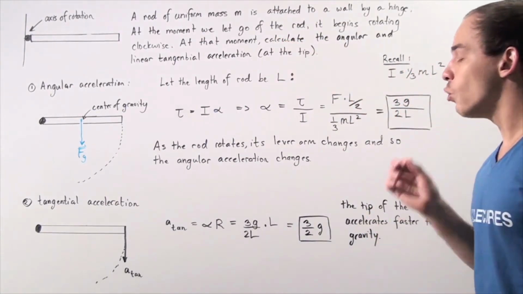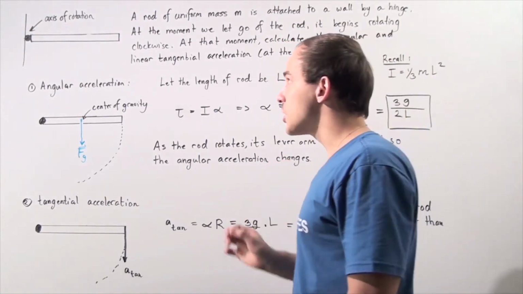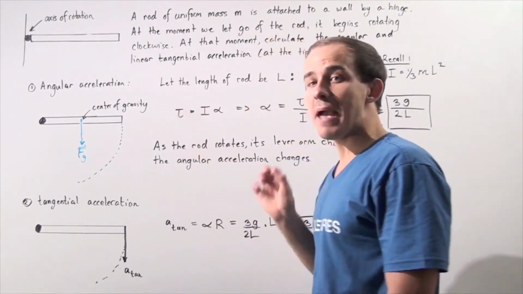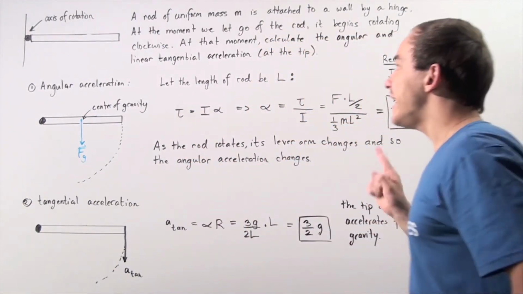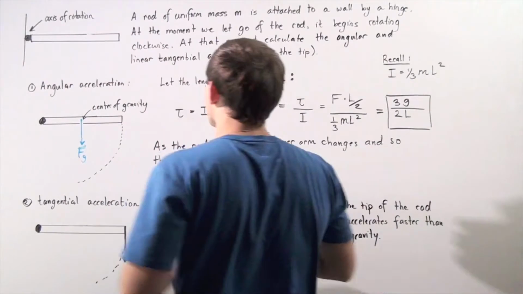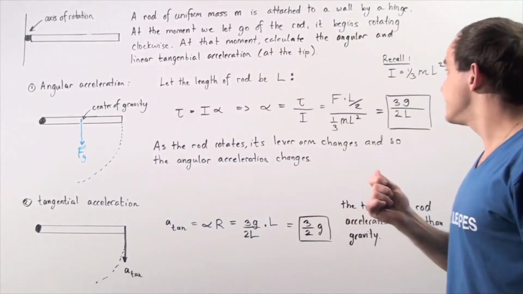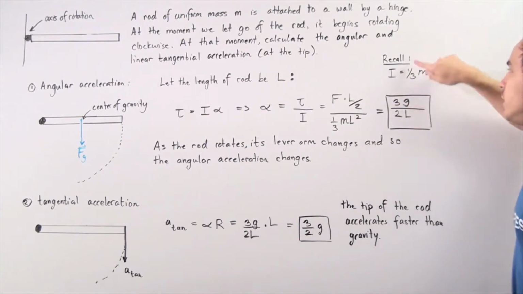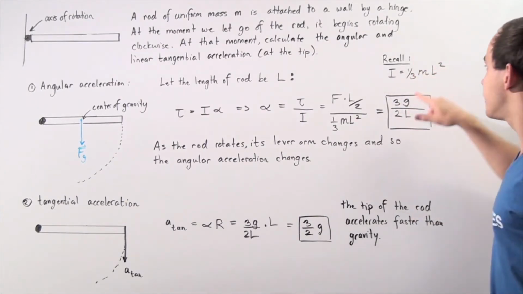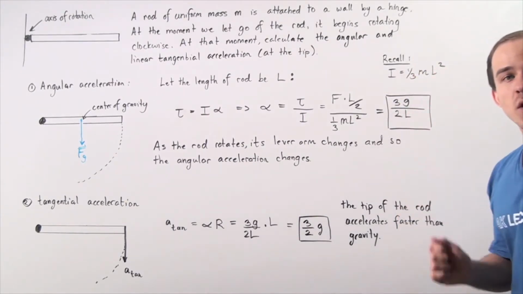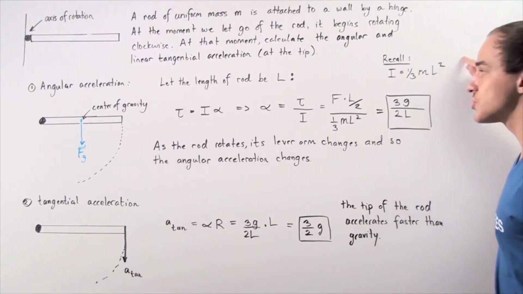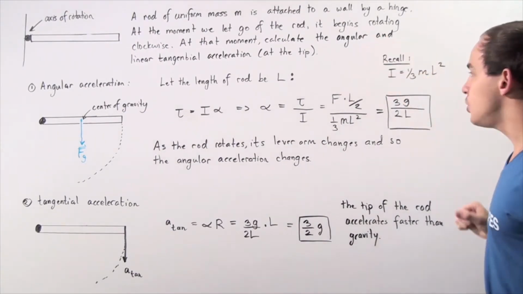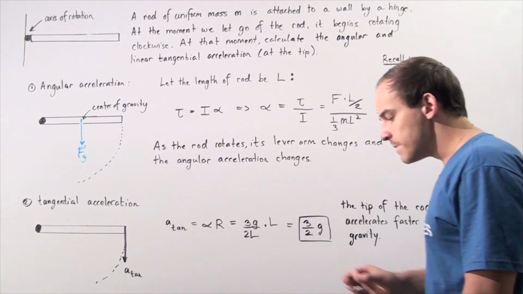Now recall what the moment of inertia of a uniformly massed rod is. If the length of the rod is L and the mass is M, then the moment of inertia is equal to 1/3 multiplied by the mass multiplied by the square of our distance, L squared. We're going to need to use this in just a moment.